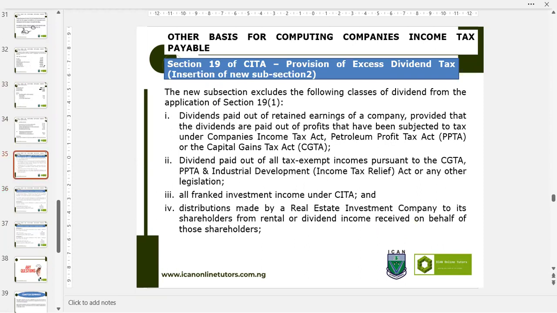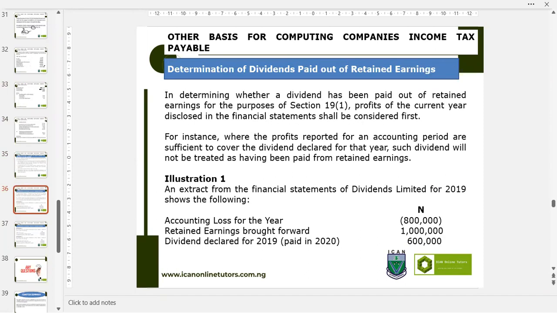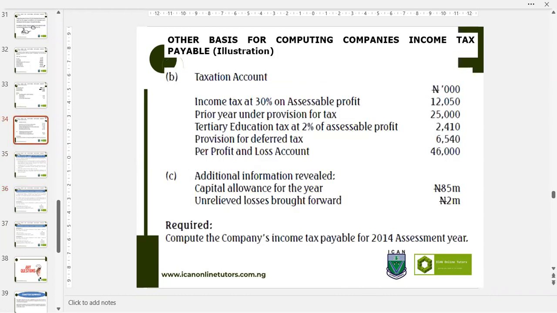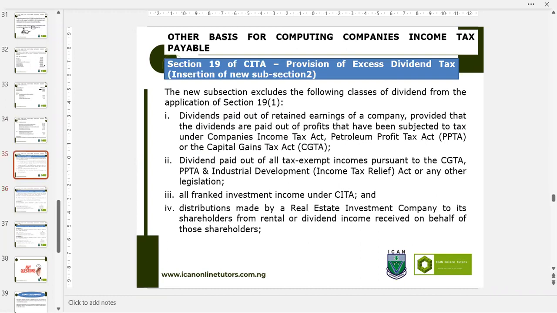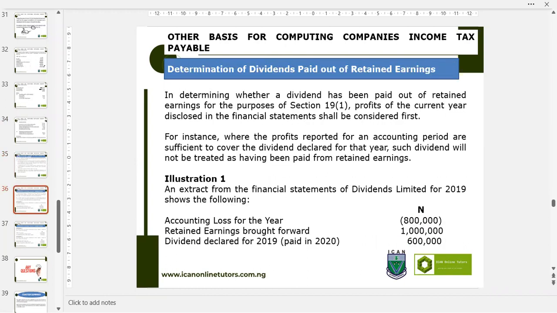So where the profit reported for an accounting period is sufficient to cover the dividend declared for that year, such dividend will not be treated as having been paid out of retained earnings. So it means that the exemption will not be granted.